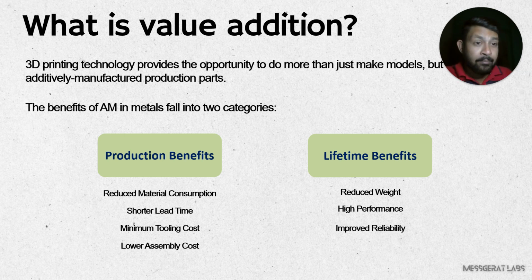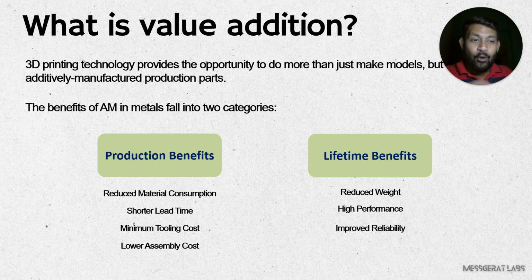Then, improved reliability. Now, since we are making components with lightweight, we are making components more stiffer, we are designing for 3D printing, and this all is resulting into improved reliability of the component when the component is being used.